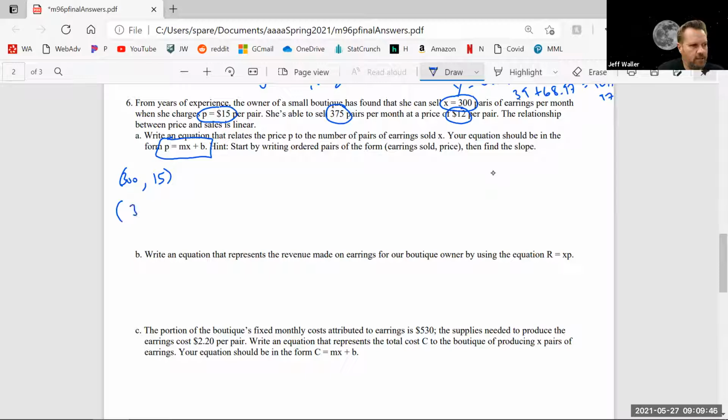When X is 375, the output is 12. All right, everybody, this is something you need to be able to do: make the equation of the line that goes through those 2 points. That'll be the equation for the price versus the number of earrings sold.